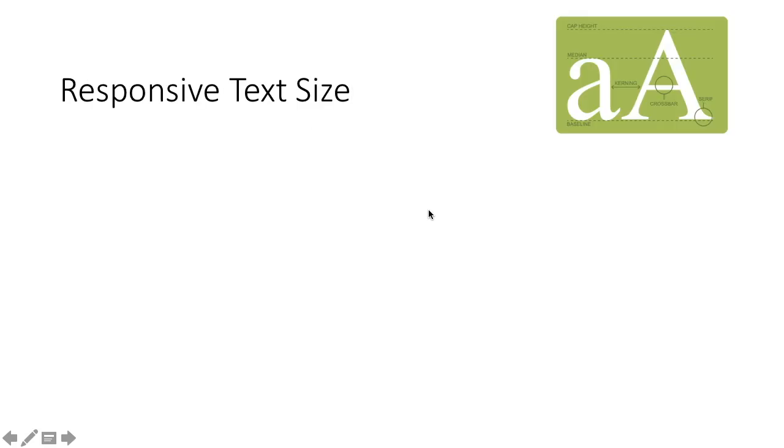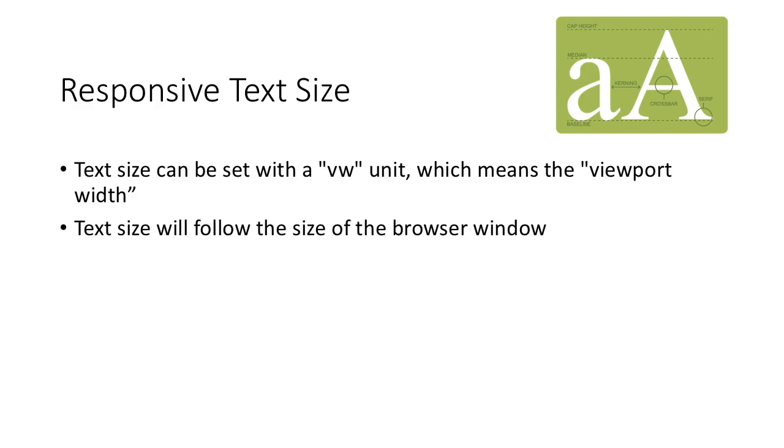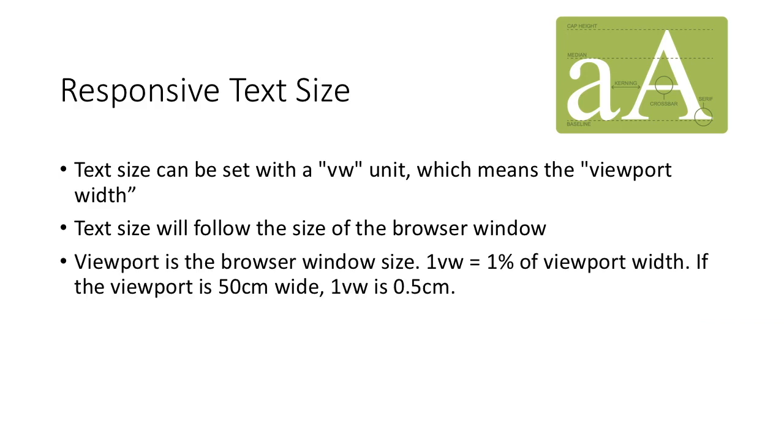So that's the max width property. You also have responsive text. This is the VW. Pretty much all it does is set a size, and then no matter what device you're on, it's going to look roughly the same size. If you set it to a large unit, it's going to stay that size no matter what.